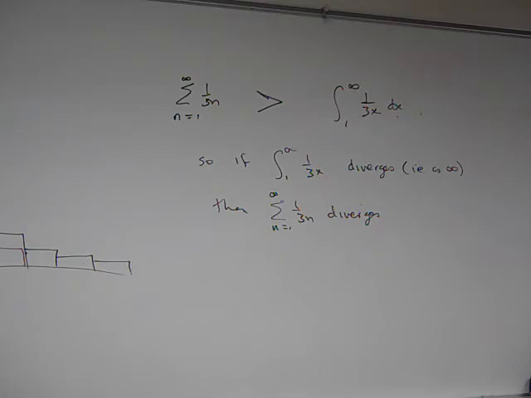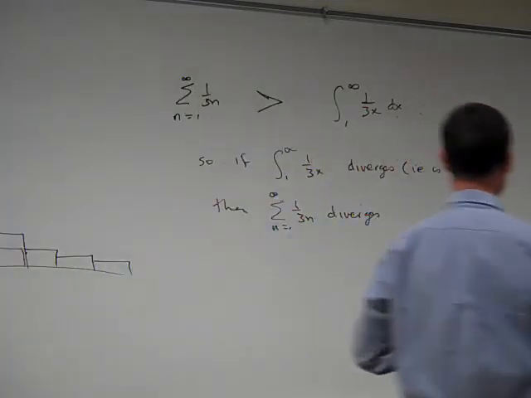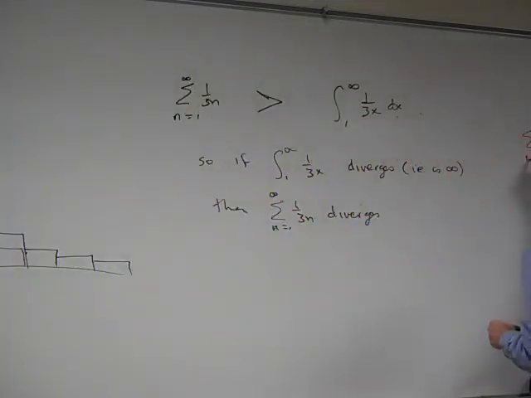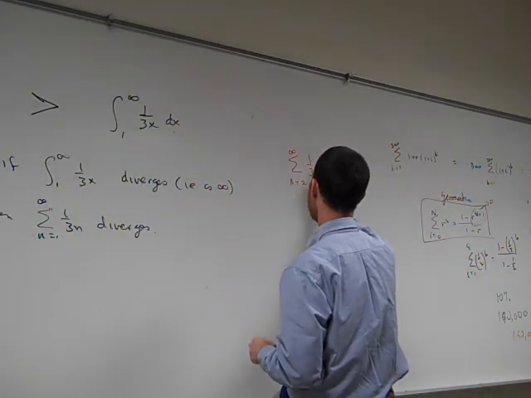So what does that represent? Well, it's not this sum, is it? But it's this sum minus the first term, right? So the red there is the sum from n equals 2 to infinity of 1 over 3n, right?